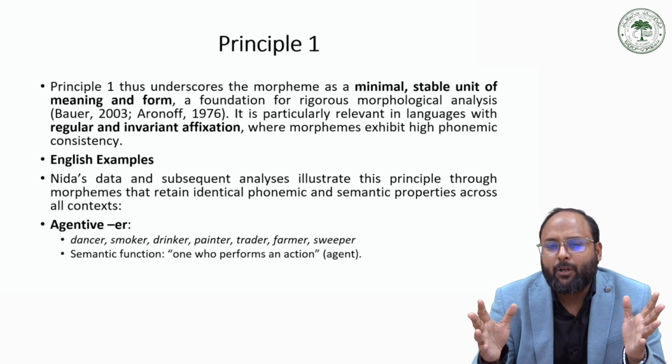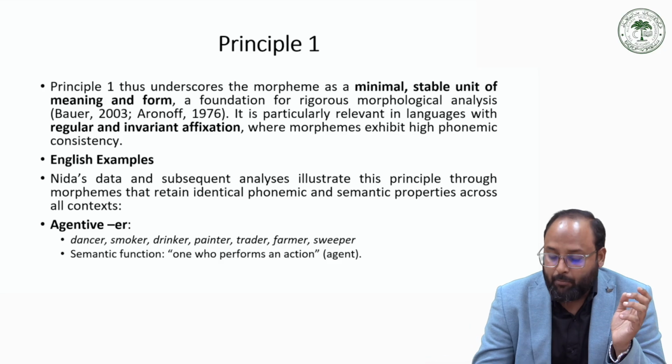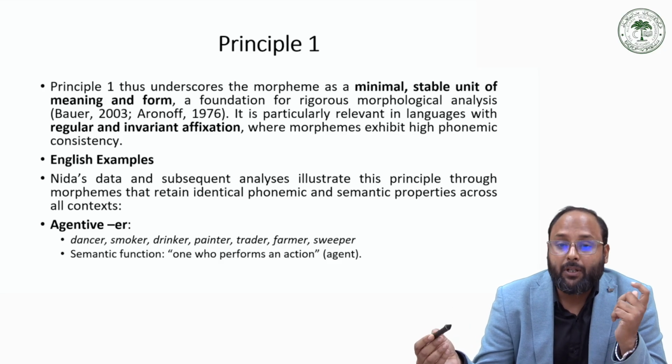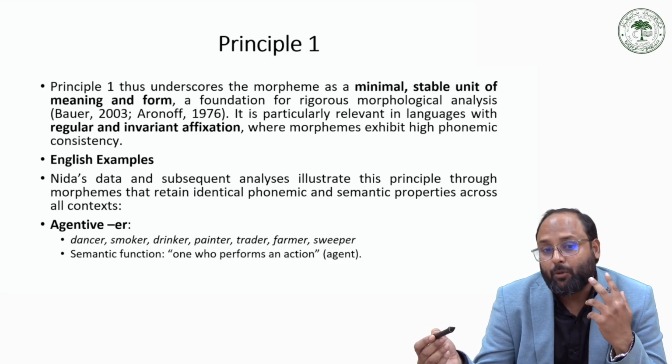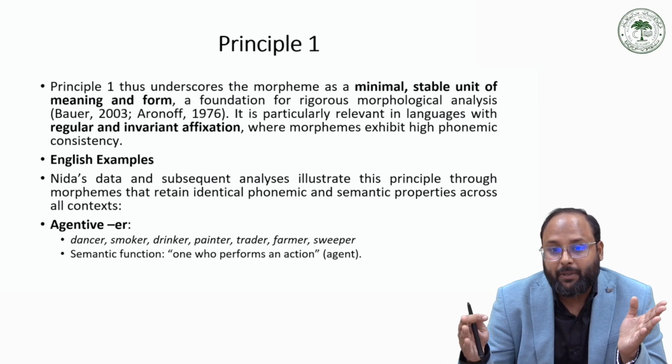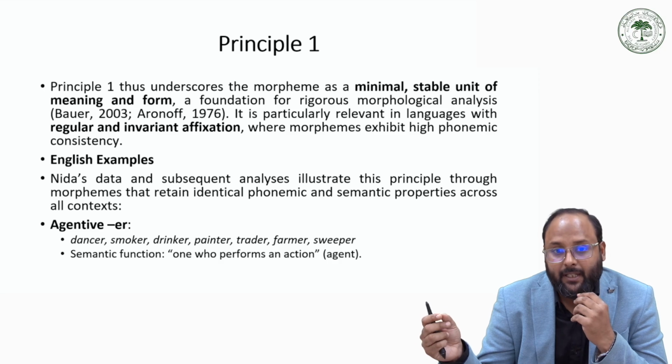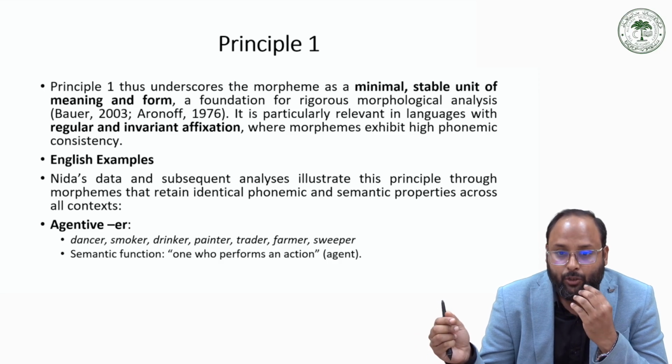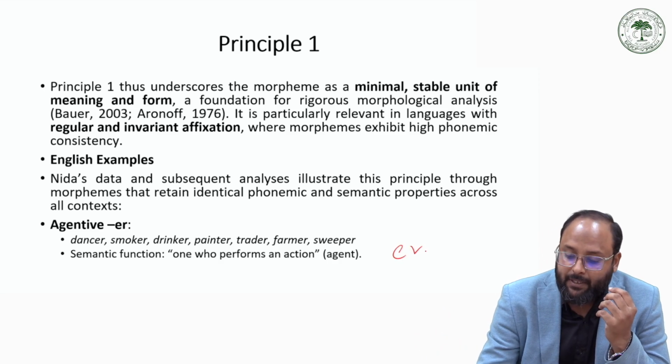So in many languages we have the regular past morpheme, the regular plural morpheme, the regular progressive morpheme, and many regular agentive morphemes. Like in Urdu, we have painter, trader, director, dancer, smoker. So this kind of -er gives the common meaning of agentive.